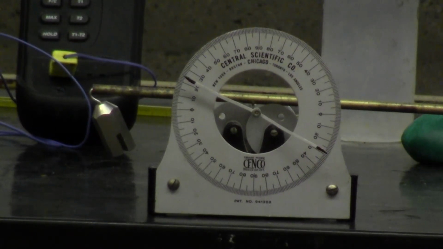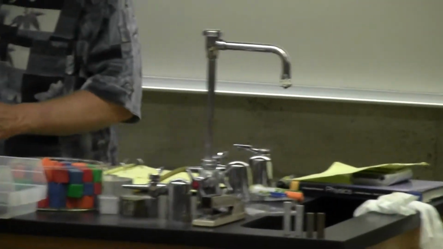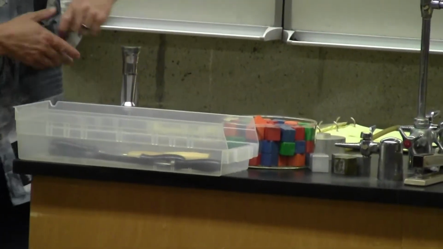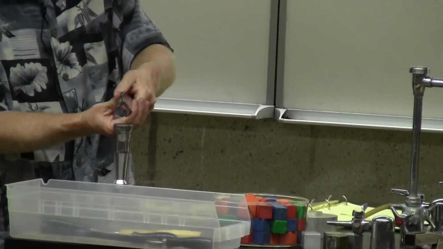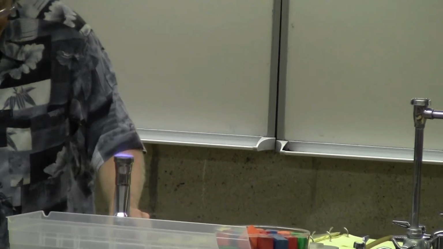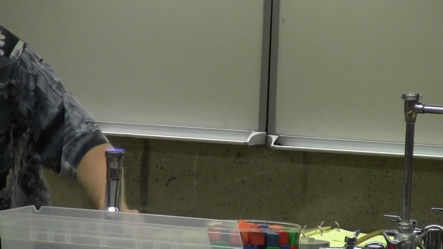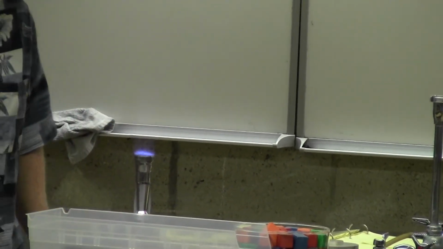While that cools down, let me come over here and show you another one that's fun to see, and maybe even a little bit of a surprise. I'll get another torch going here. Let me take my burner. Get a little more gas so it gets nice and hot.